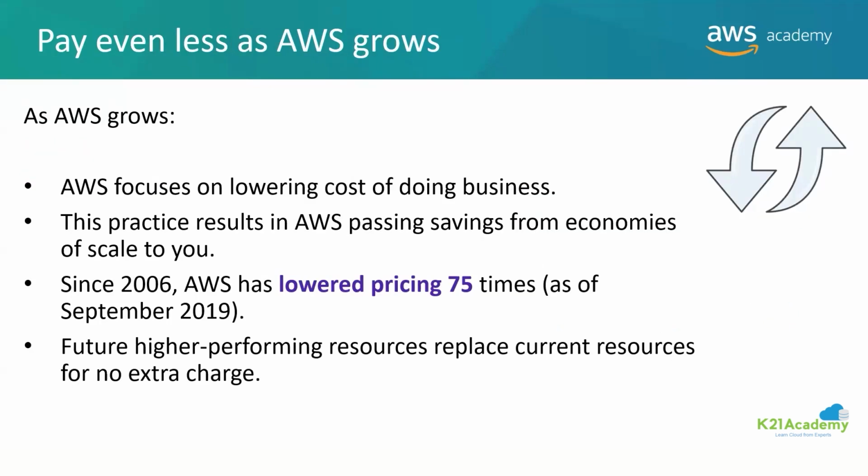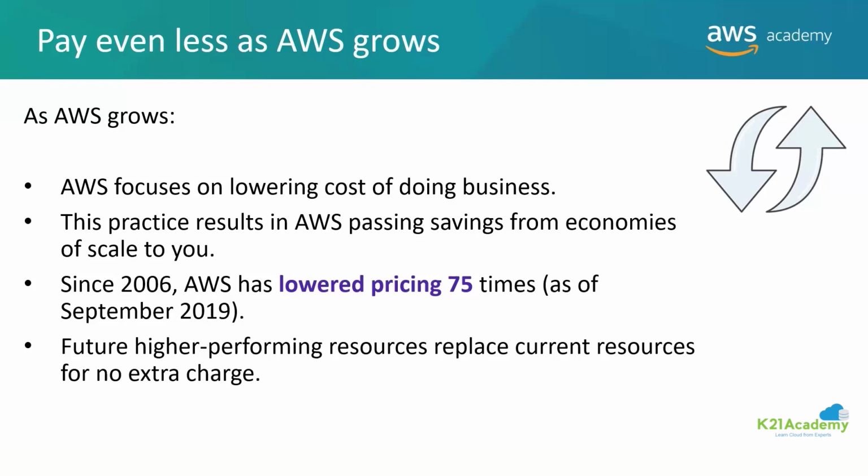And AWS also constantly focuses on reducing data center hardware cost. They're also improving operational efficiency. They are also lowering power consumption, right? And they are also lowering the cost of doing business.